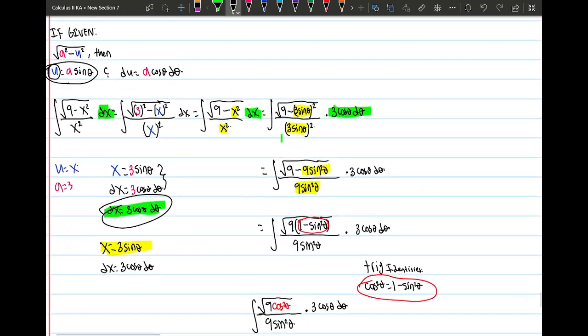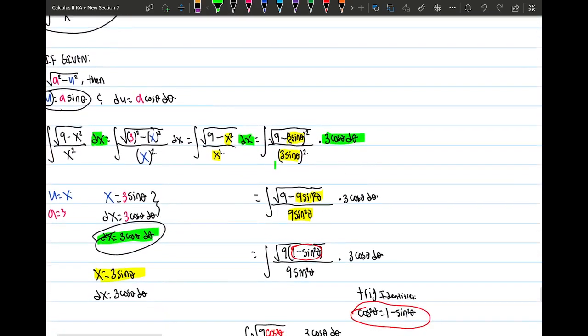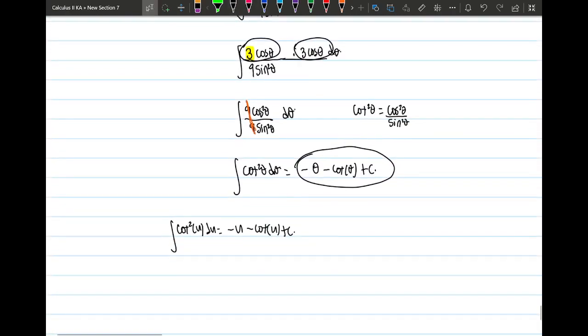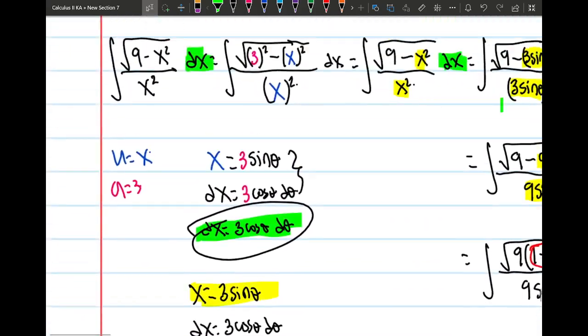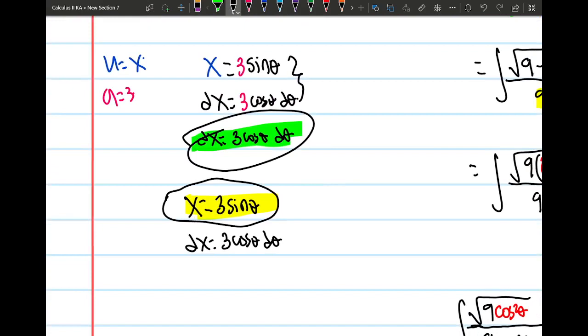However, that is not how this looks. We need to turn it back into actual algebraic form. So to do that, we know that in the very beginning of this problem, we had x equals 3 sine theta.